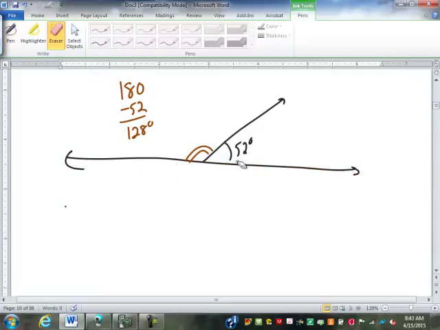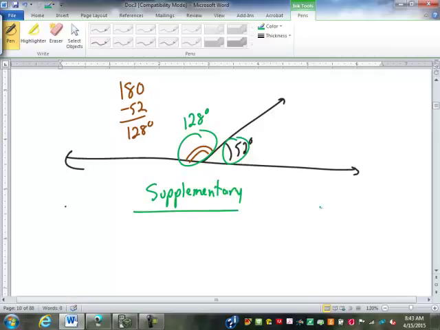Since we know that that's a straight angle, we know that these two angles have to add up to 180. So to find the other one, we subtract the 52 from 180 to get 128 degrees. This is what we call supplementary. Two angles, in this case the 52 and the 128, that add up to 180 degrees or a straight line are supplementary angles.